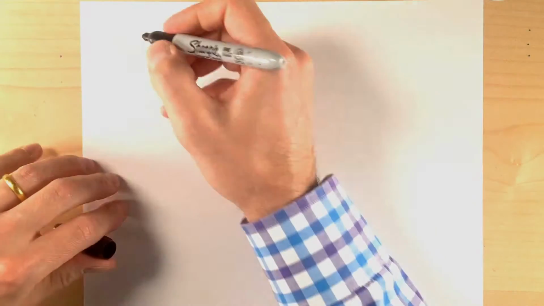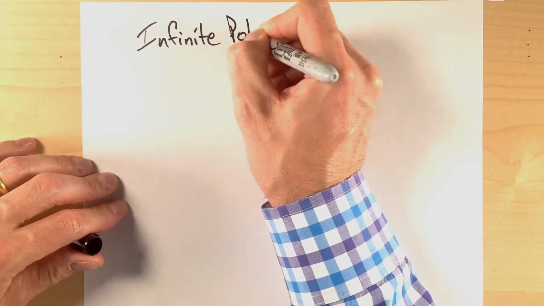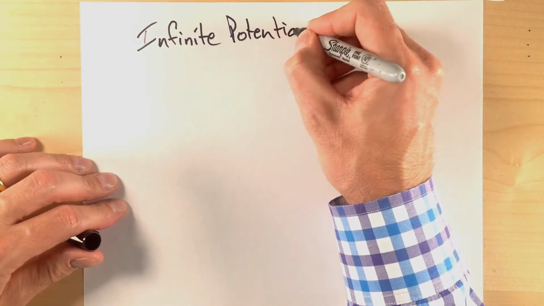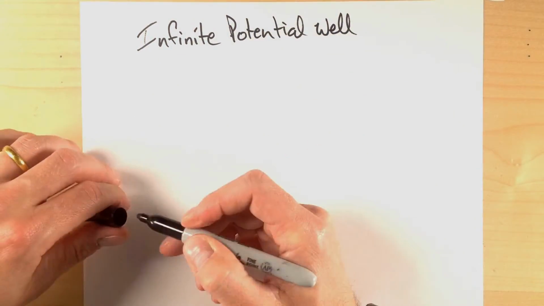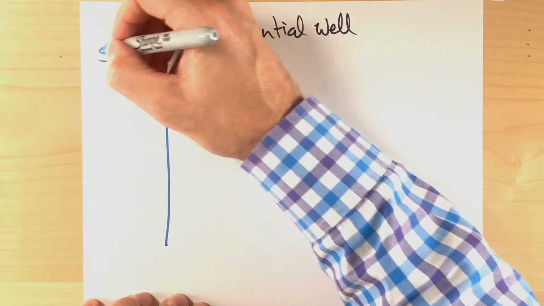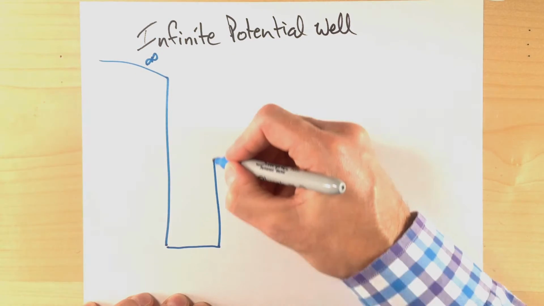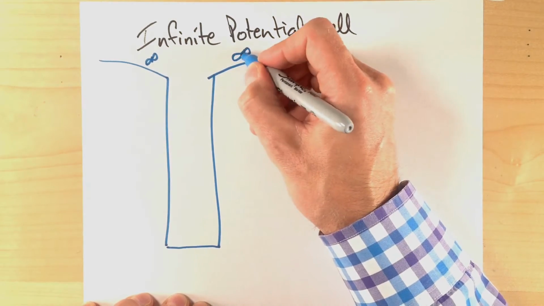The second case is an infinite potential well. And this is very much like we drew before, an infinitely high energy barrier.